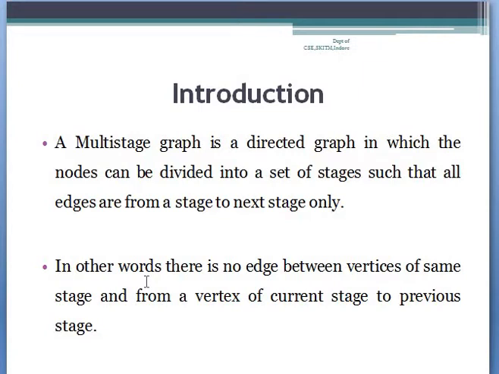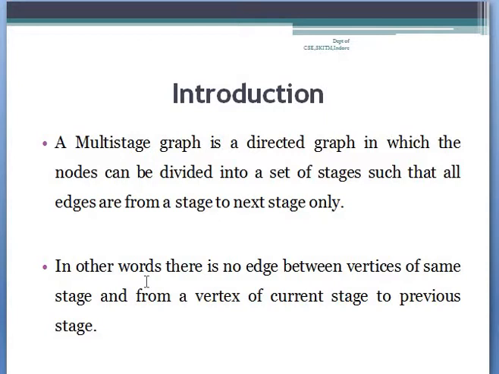A multi-stage graph is a directed graph in which all the nodes can be divided into a set of stages such that all the edges are from a stage to the next stage only.